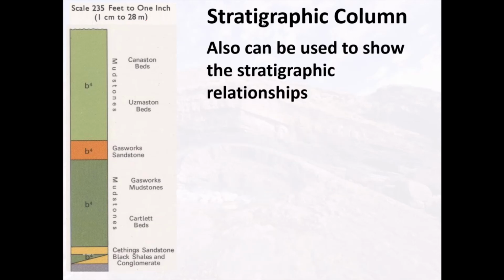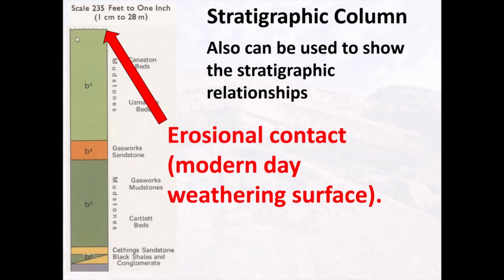But a stratigraphic column can also tell you about stratigraphic relationships, like the contacts between rocks. If you see a wiggly or curved line in a stratigraphic column, that's telling you that it's an erosional contact. There's an unconformity. And in this example, this erosional contact is the current modern day weathering surface.